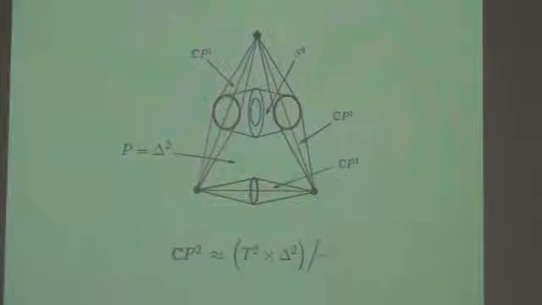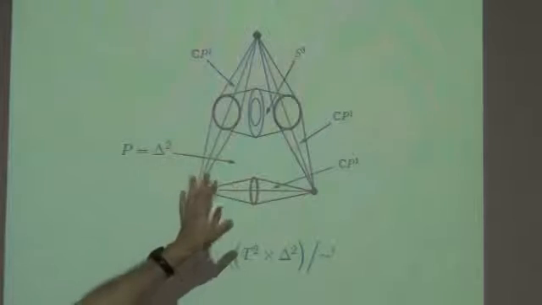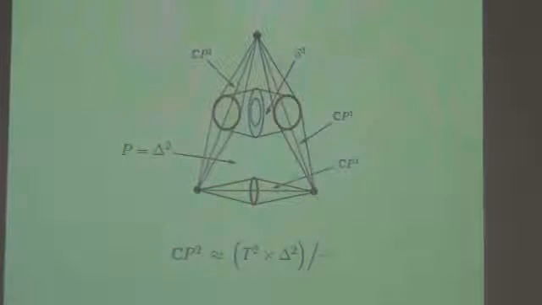We arrange the Davis-Januszkiewicz construction so I can make this picture with a 1 simplex instead of a 2 simplex. Not only can I make it with a 1 simplex, but I can describe its cohomology with simpler combinatorics, right? Because the 1 simplex is smaller than the 2 simplex.